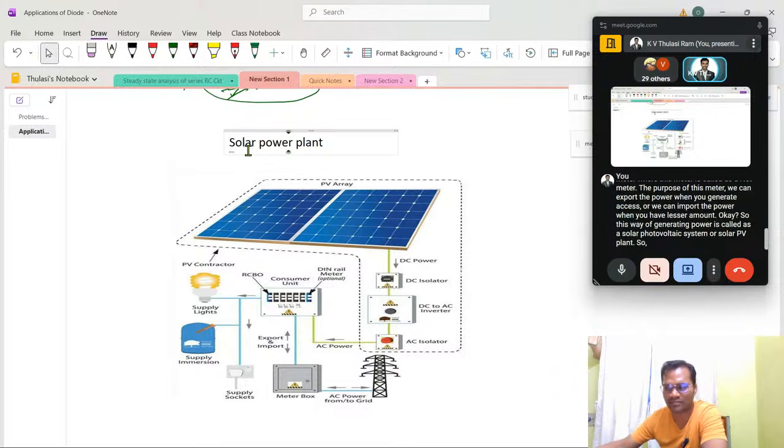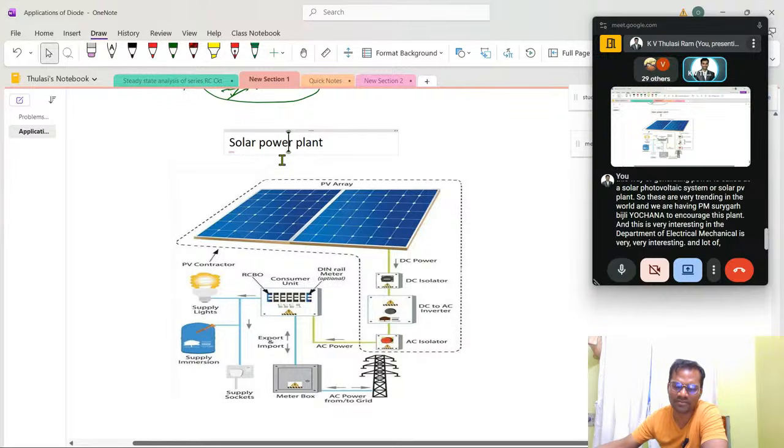These are very trending in the world, and we have the PM Surya Ghar Muft Bijli Yojana to encourage these plants. This is very interesting in the electrical and mechanical departments, and there is a lot of scope for the future of India as well as Andhra Pradesh.